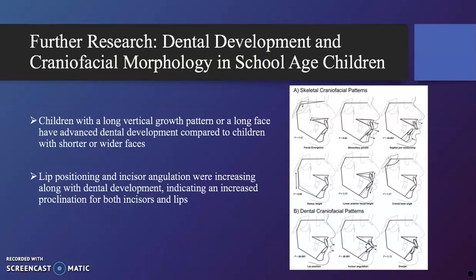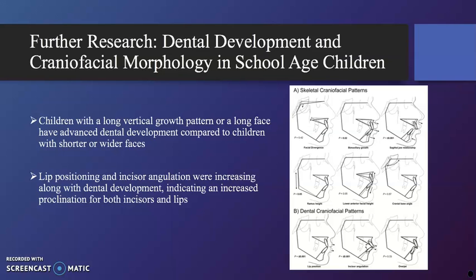So further research, again: the children with a long vertical growth pattern or long face have advanced dental development compared to children with shorter, wider faces. Lip positioning and incisor angulation were increasing along with dental development, indicating an increased proclination for both incisors and lips. An increased ramus height and lower and anterior facial height impacts the craniofacial complex.